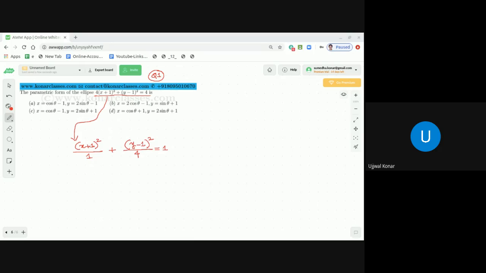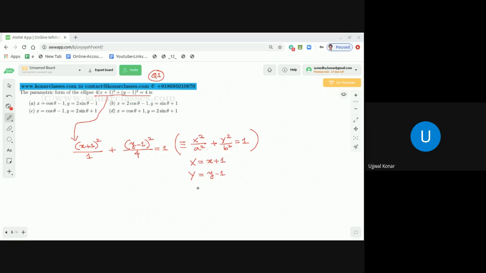If you recall, we can make an analogy with capital X squared by a squared plus capital Y squared by b squared equal to 1, in which case capital X is nothing but lowercase x plus 1, and capital Y is nothing but lowercase y minus 1.